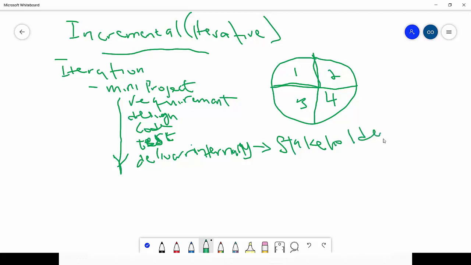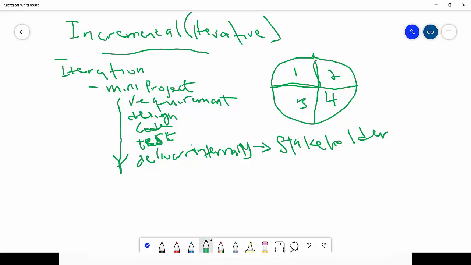Okay? Now, I said internal stakeholders. They are not your customers that requested the whole solution, right? They are people that manage the software development process in your organization, because what you are doing is you are trying to build the product incrementally.